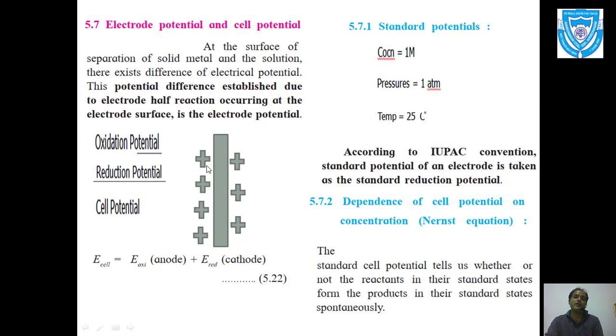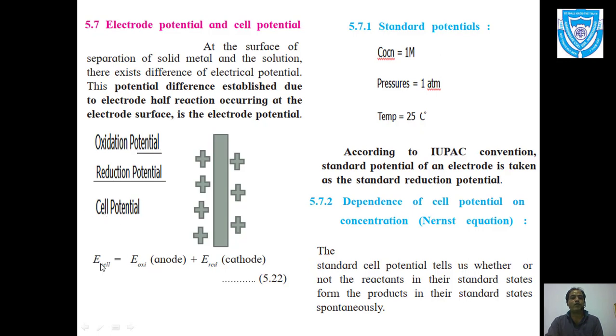when a potential is concerned with the oxidation reaction, then that is called an oxidation potential. And similarly, when the potential is concerned with the reduction reaction, then that potential is known as reduction potential. So oxidation half potential and reduction half potential, and when we sum them up, that forms a cell potential.